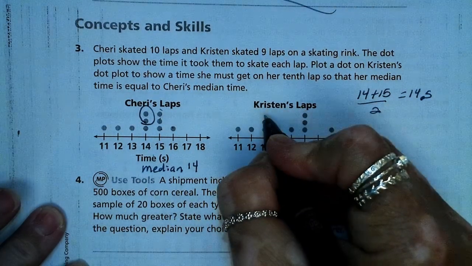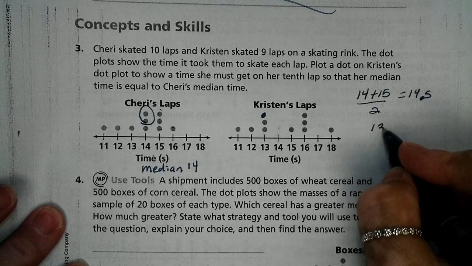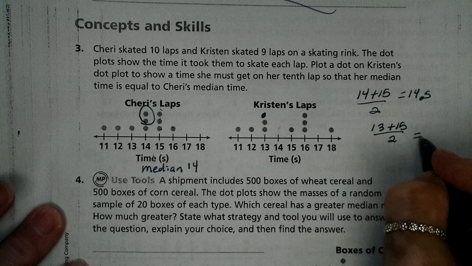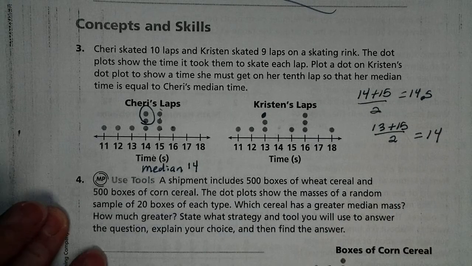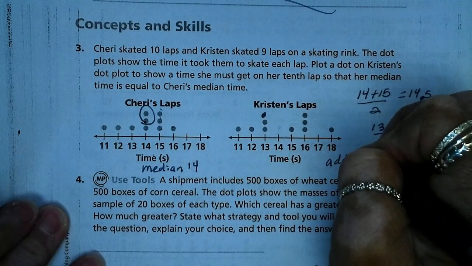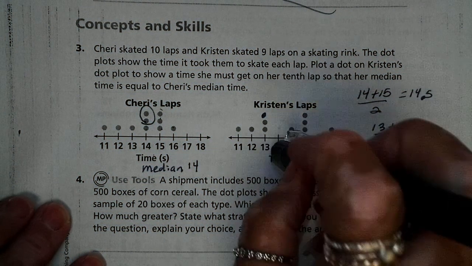But if I add a dot at 13, I would then have 13 and 15 divided by 2, and that gives me 14. So I could add 13. That would work.